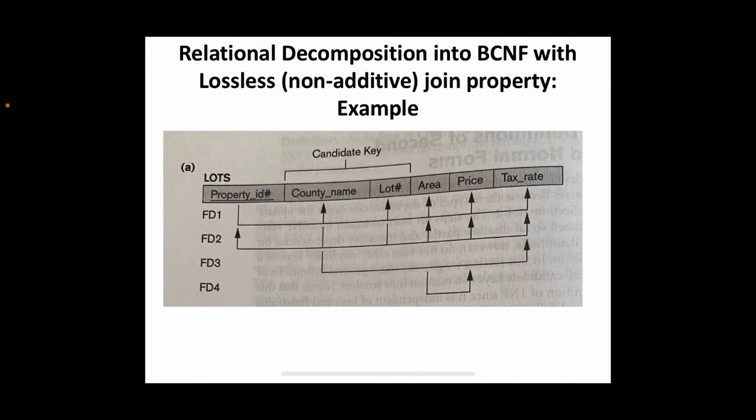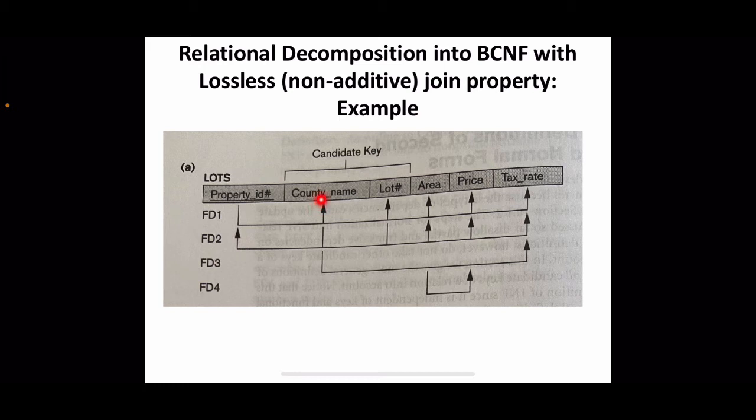So we select that functional dependency. Using our algorithm, the initial value for D will be the entire relation Lots, and we find a dependency which violates BCNF. County name determines tax rate is our candidate dependency. We decompose the original relation into two. The first relation will be all these attributes minus the Y part of our dependency.